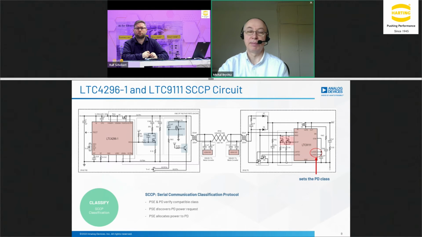And if there is another device plugged in and the device is ready to take the power, they communicate to each other through that SCCP, that serial communication classification protocol, and they agree if they are compatible. If the device on the right-hand side can take the voltage that the device on the left-hand side can offer, and only if they are compatible and the operation is deemed safe, then the power is turned on.